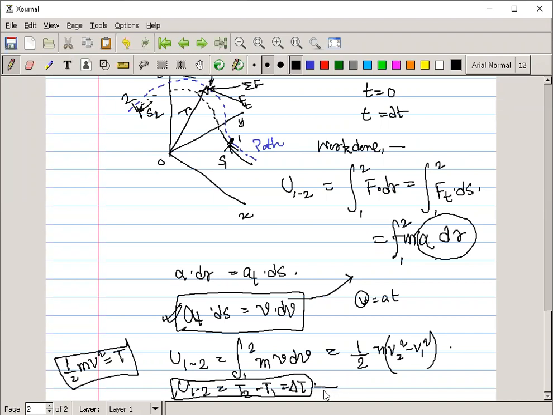This is actually called the work energy equation for a particle. Sometimes it may be asked to find the work energy of any particle for any curvilinear motion, so you have to define or derive this.